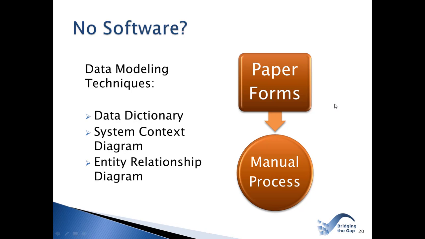So data modeling really is relevant anytime you're looking at how an organization manages data. Often that's going to touch software systems, but not always. It's still relevant even with paper-based forms and manual processes.